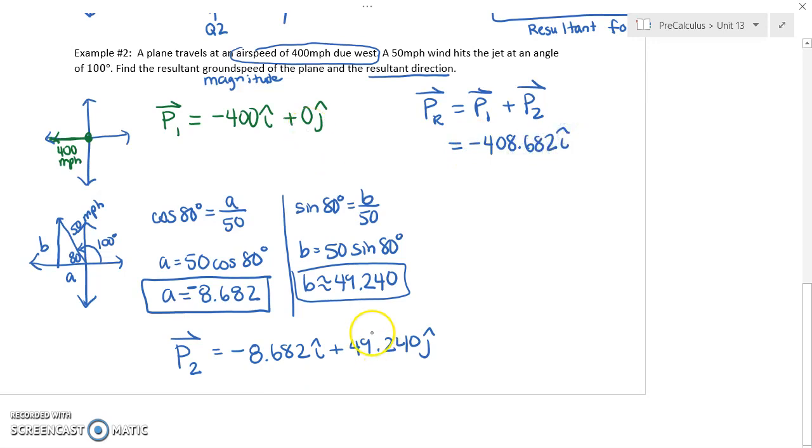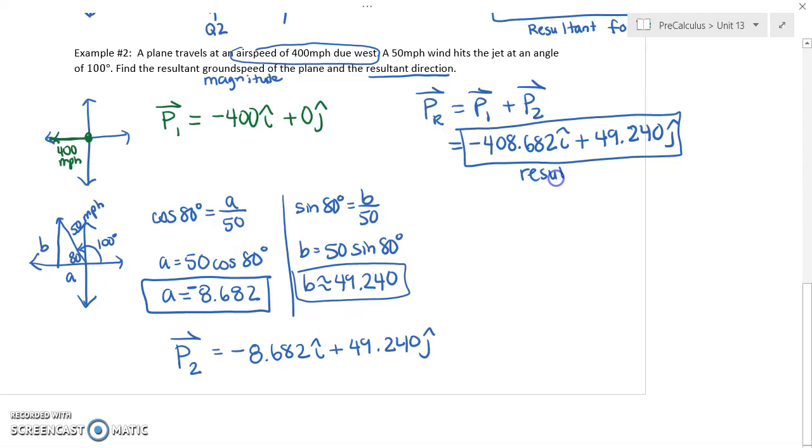And then I'm going to do the same thing for the y components, getting 49.240 j hat. So that is my resultant, that's the resultant force. Two forces together. And what they wanted from me was the magnitude and the direction from there.